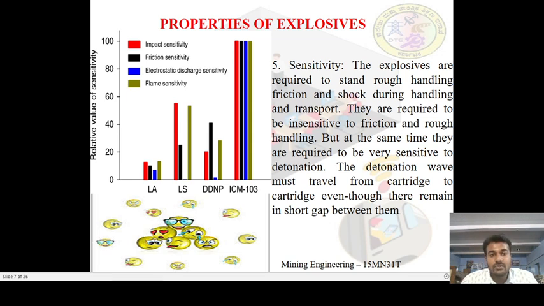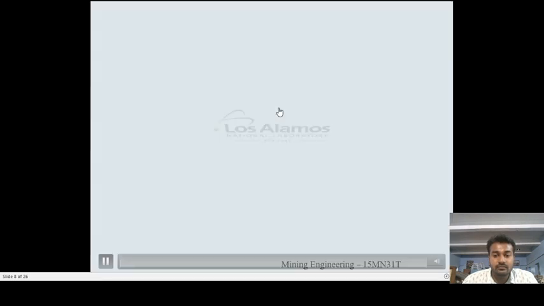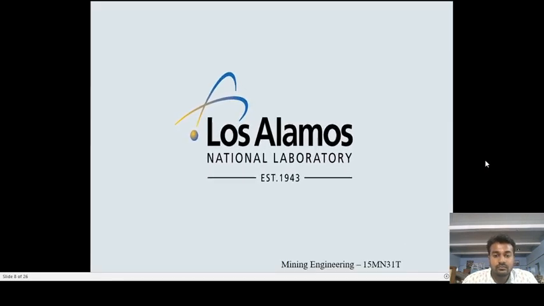If it could initiate, it means the explosive is more sensitive to this electric discharge, flame, friction or impact. We could say the explosive is more sensitive or less sensitive to these causes. Let's see a video on the same.